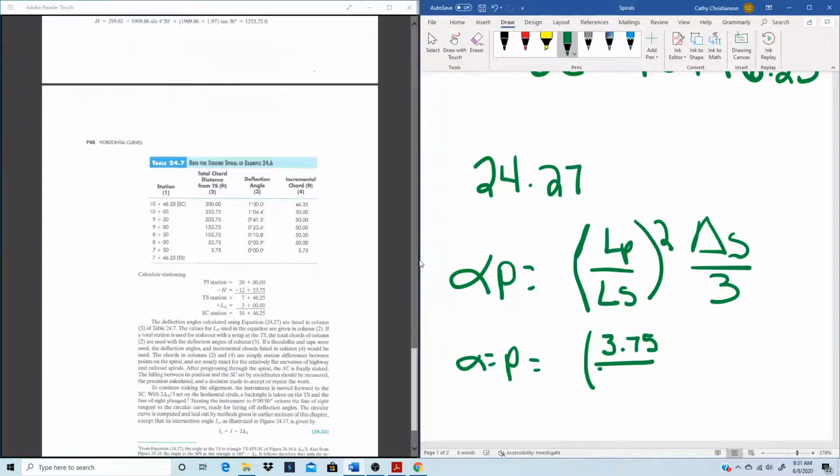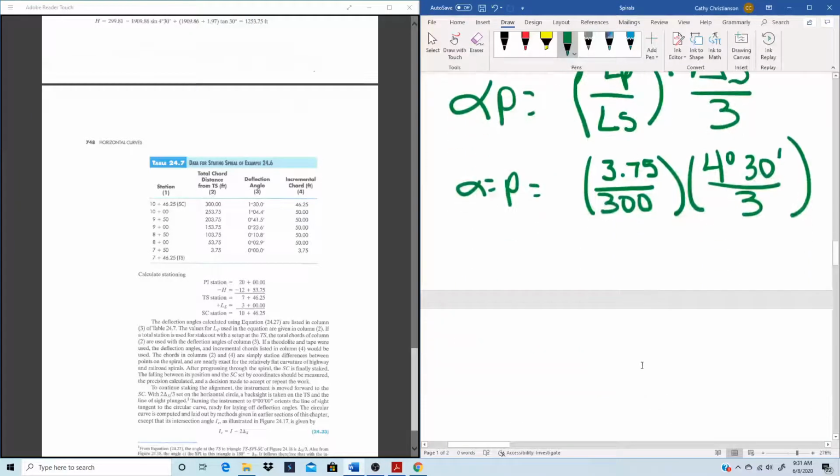I'm going to leave this in feet, so the spiral length would be 300. Theta S is 4 degrees 30 minutes, divided by 3. So I'm going to scroll up and solve for that real quick.